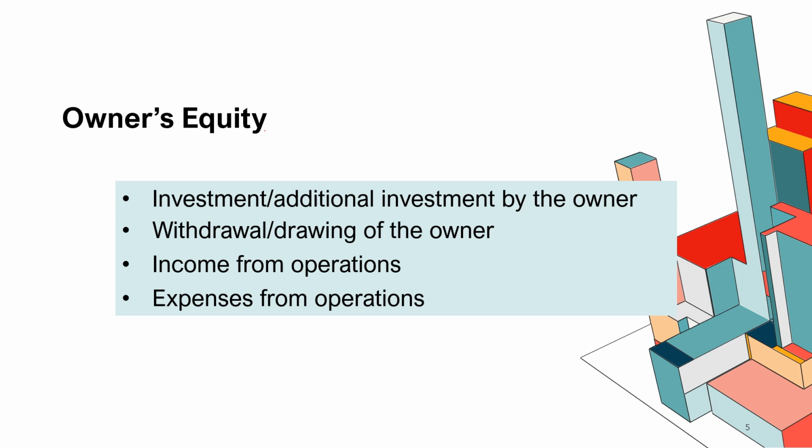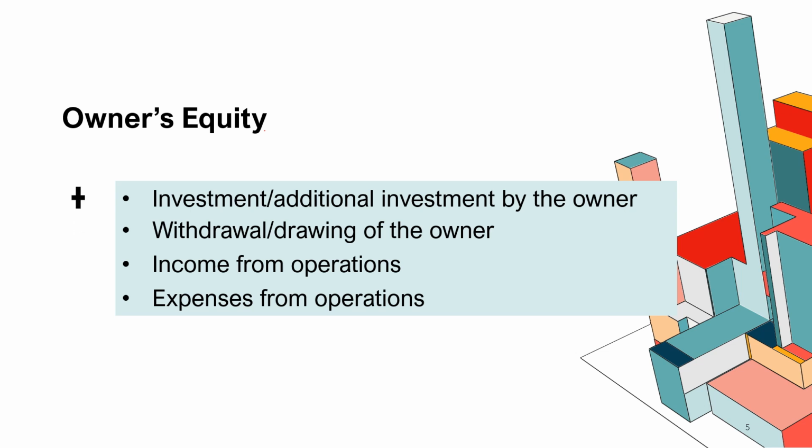Will this transaction increase or decrease our owner's equity? Once we have identified the effects of these transactions on owner's equity, it will be easier for us to tell whether these transactions will be debited or credited.